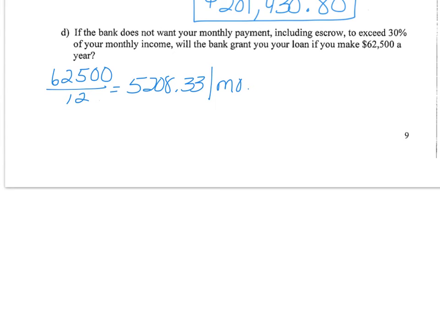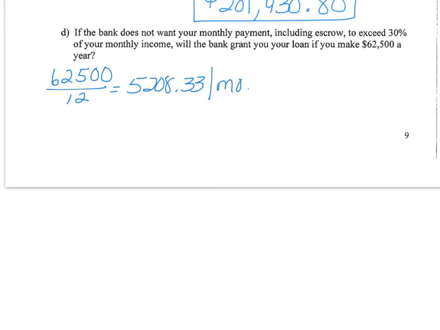Okay. Now we all know that there's taxes and everything that are deducted, so we're not going to worry about the tax portion right now. We're just going to worry about what we're bringing home per month without that. All right. So it said that we can't exceed 30% of that monthly income. So let's find out what 30% of $5,208.33 is.